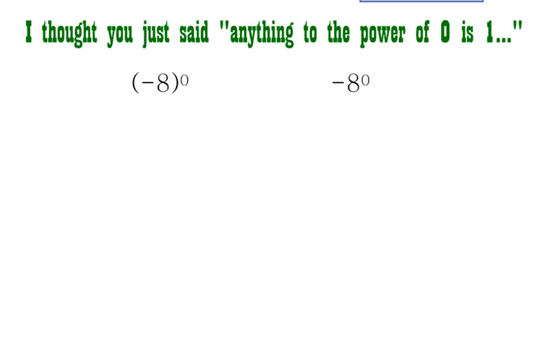And of course, I know I just said anything to the power of 0 is 1. And now here I'm going to go and say the opposite of that. Sometimes it won't be 1, but it depends, just like something we did earlier this year with absolute value.